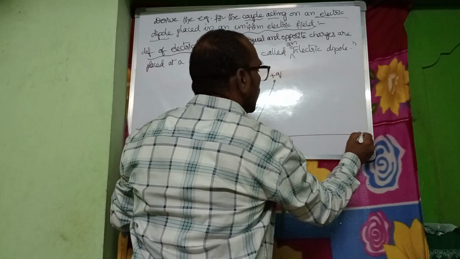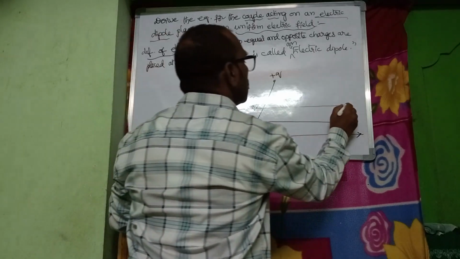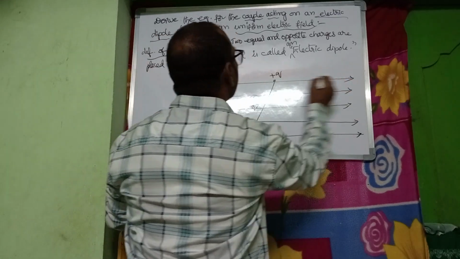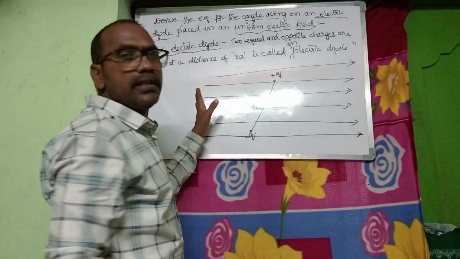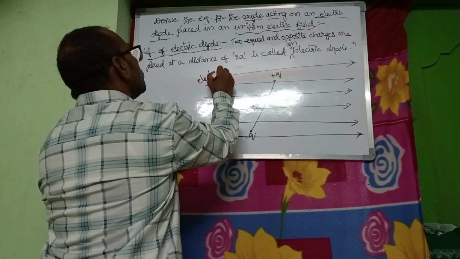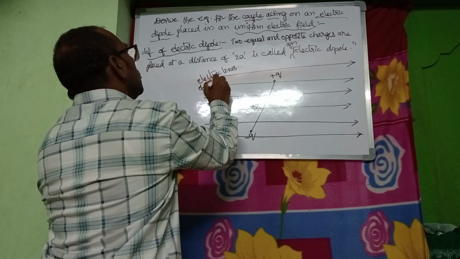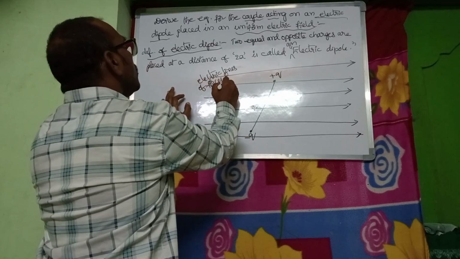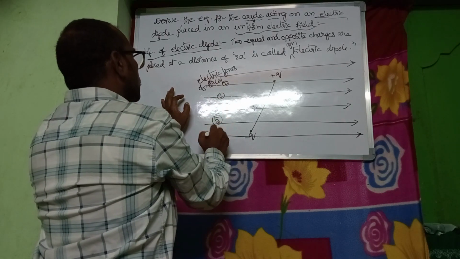So this is the electric line of force, and all these are electric lines of force: line 1, 2, 3, 4, 5, 6.